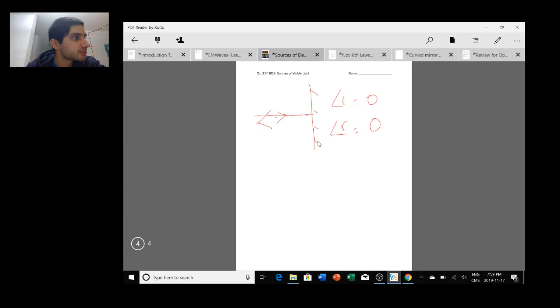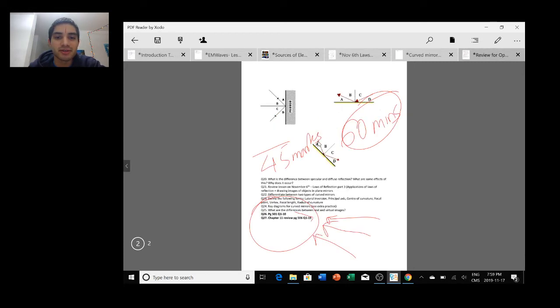Good question. There'll be a laser question. I'll just pick, like I said, I left my textbook in school, so I'm going to pick 2 random questions from this review and throw them on. Oh, lateral inversion. Probably going to ask you to define lateral inversion. Oh, and I have to ask you about specular and diffuse.